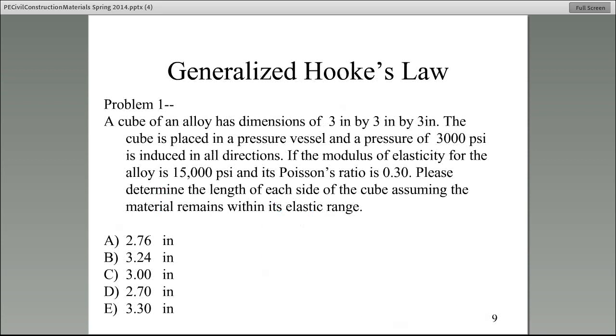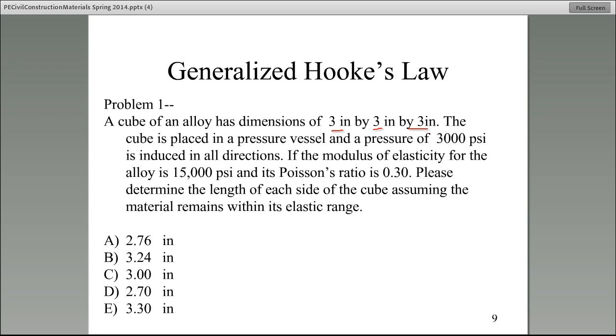All right, now, here's a problem. All this theory we looked at, how is that going to be used on the test? Well, let's do this problem together. A cube of an alloy has dimensions of 3 by 3 by 3.